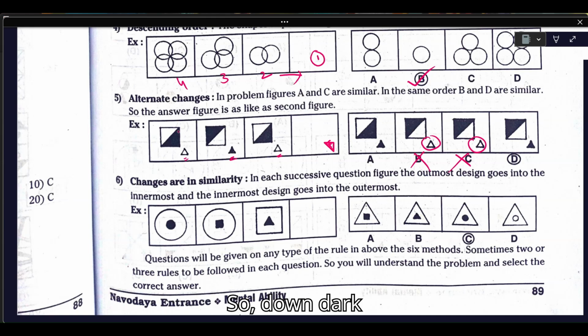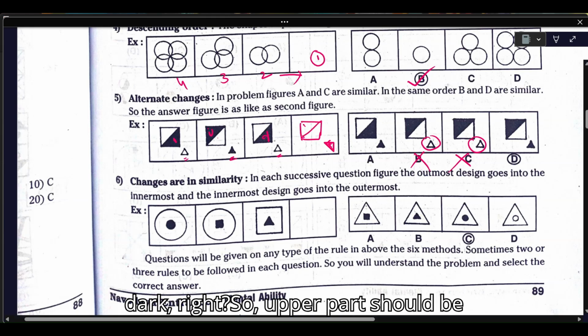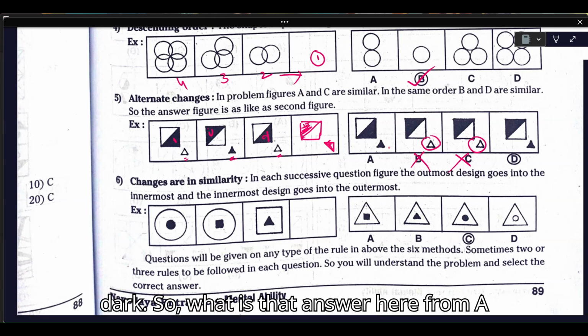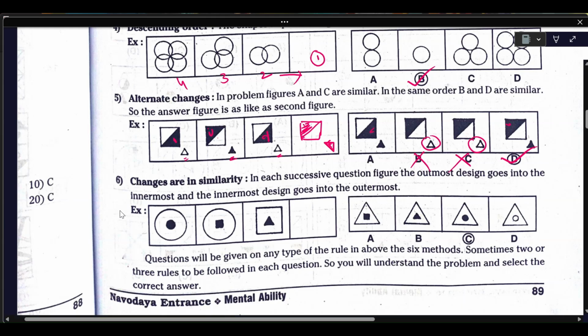Down dark, and then upper part dark, and then down dark, and finally the upper part should be dark, right? So what is the correct answer here from A and D? A has the down part as dark, but we want the upper part as dark, right? So it is there in D. So we will be selecting D as our correct answer.